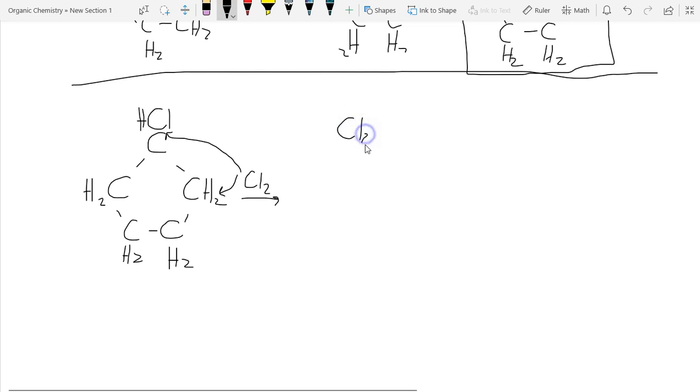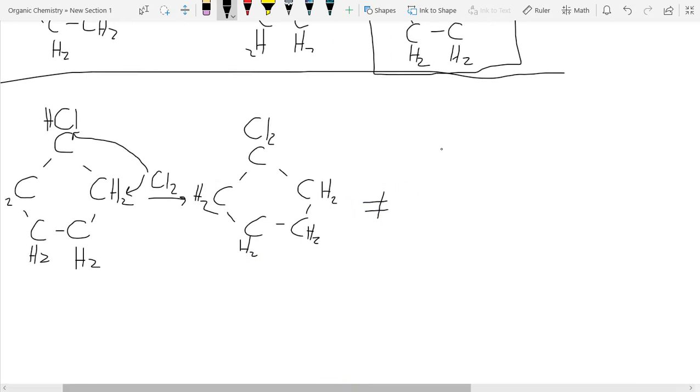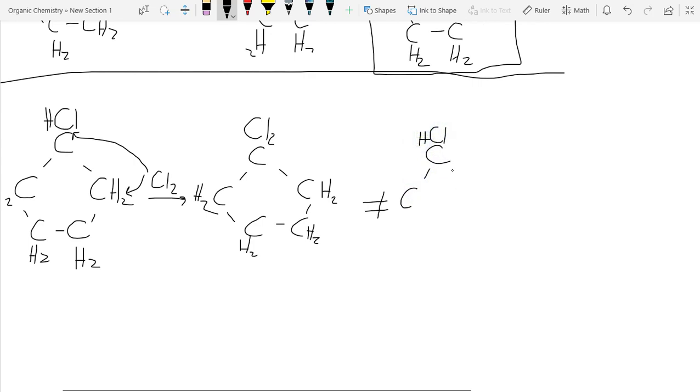So it could be either Cl2C, or you can have one Cl here and a Cl on the outside.